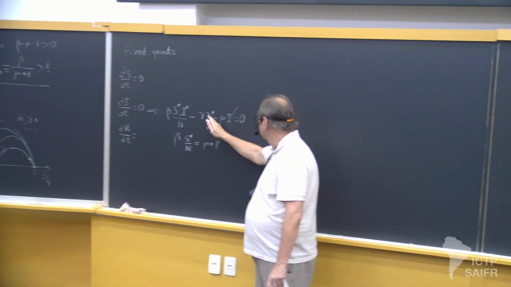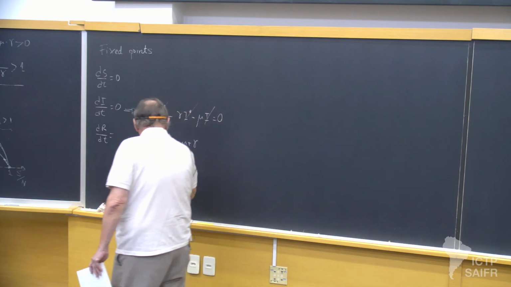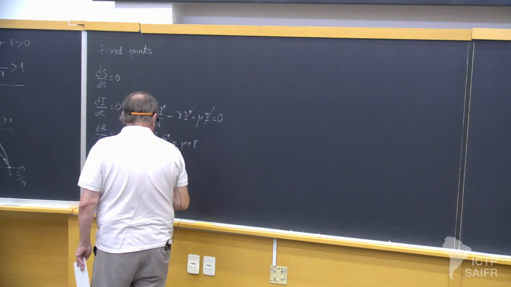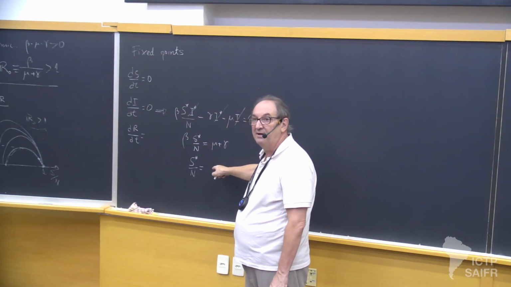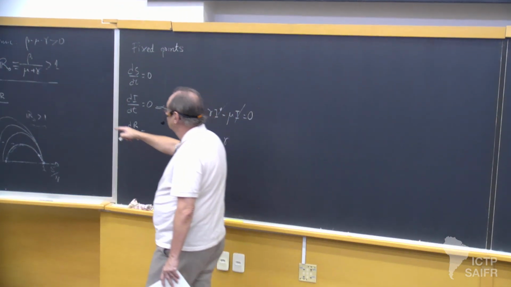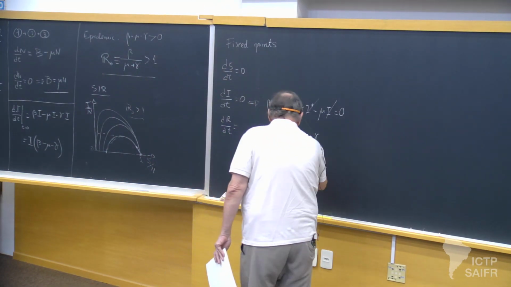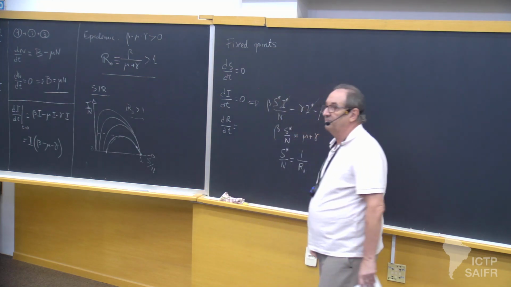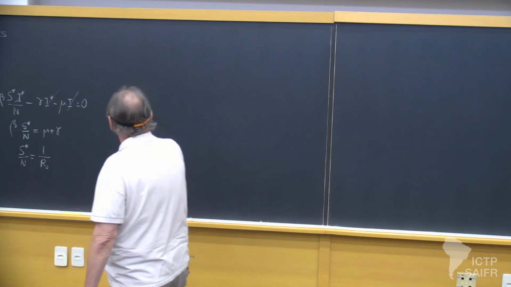Okay, I put this on this side. The I has been cancelled. Therefore, I have the value of S over N is equal to mu plus gamma divided by beta, which happens to be the inverse of R0. So you have a population which has this value.